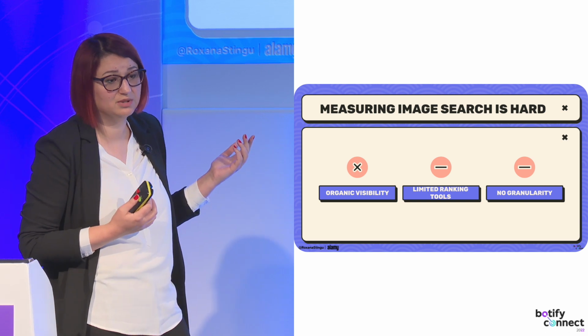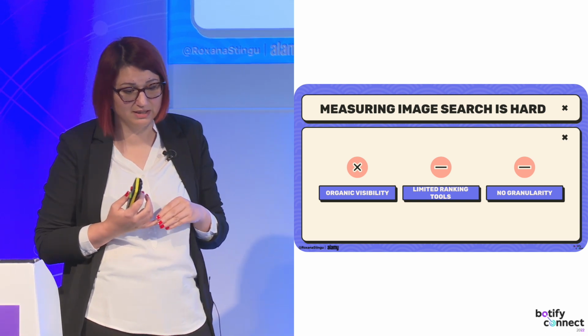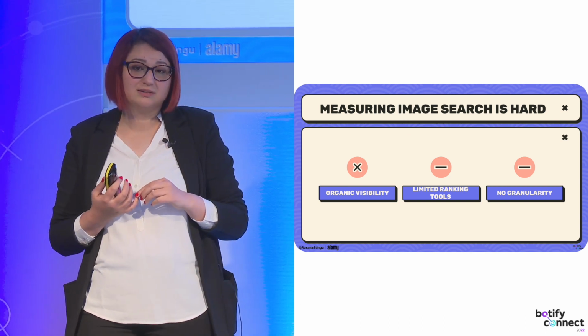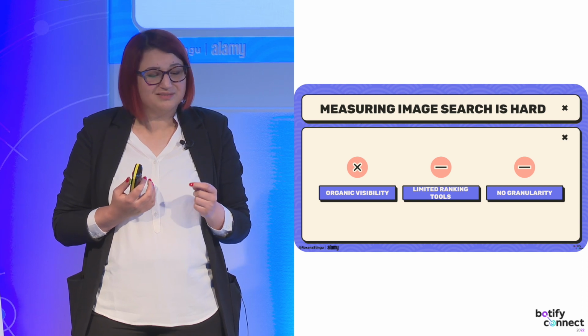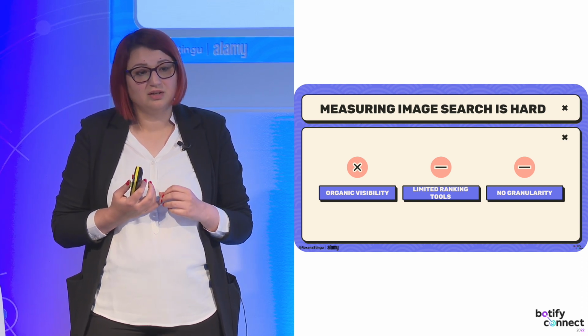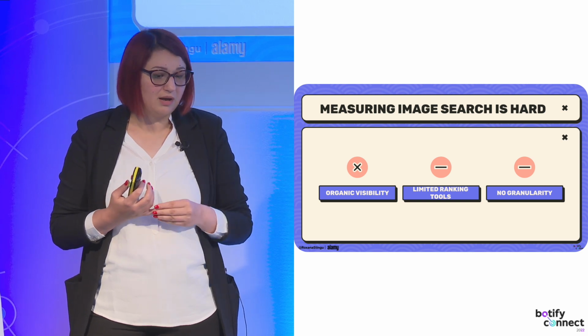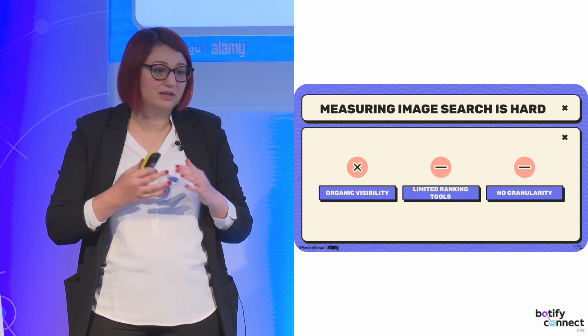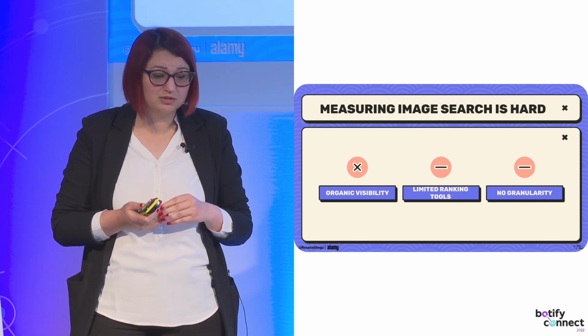With 300 million images, you can't imagine how many keywords we rank for. We can never check rankings for that. And even though you do get some data in Search Console, it's not really granular. You can look at page and query and device and country, and you have a couple of other features, but that's about it. You can't really dig deeper into image search data.